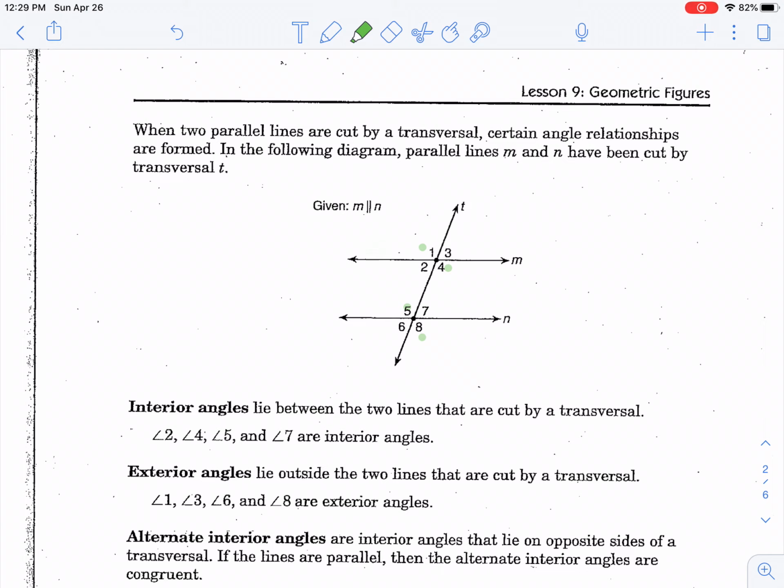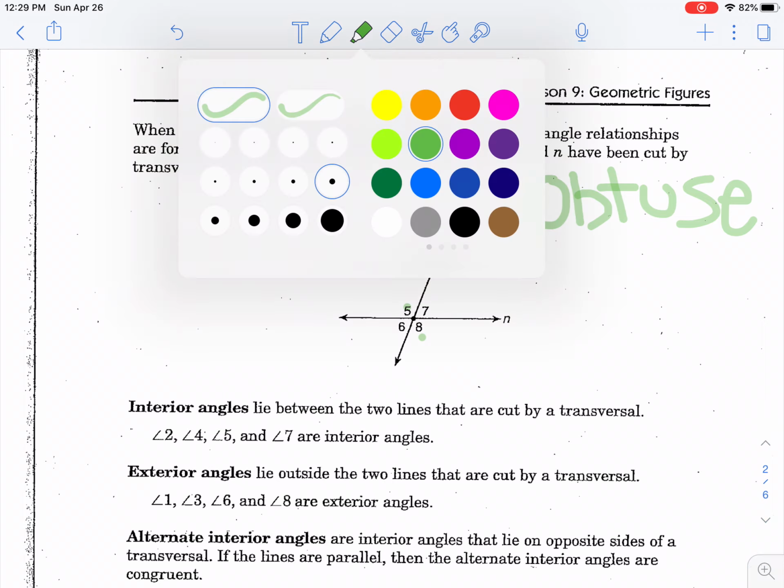If we had to use the vocab from the other day to name these angles, we would say they are, what are you thinking? Obtuse. They are obtuse angles. They are larger than 90 degrees.